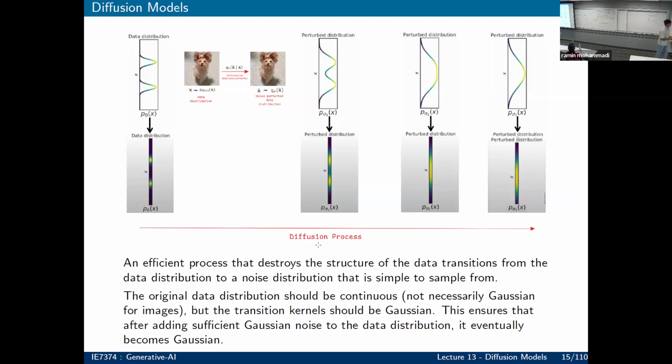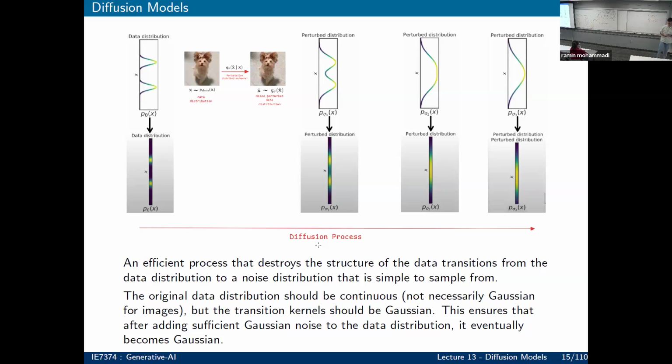But as you go through the process and keep perturbing this distribution until you get to pure Gaussian noise, this perturbation, this Q that we will see, which we also call a kernel, needs to be Gaussian. So the original data doesn't need to be Gaussian, but these Qs do.